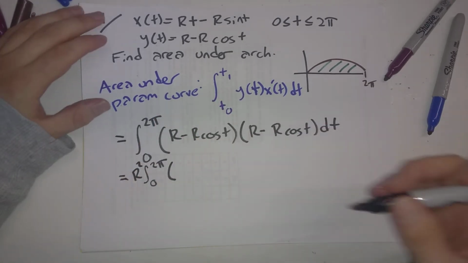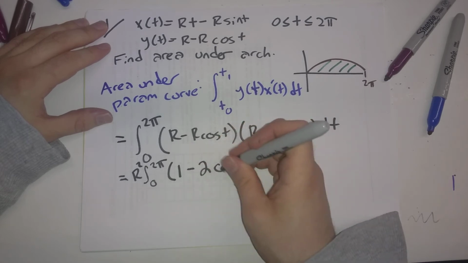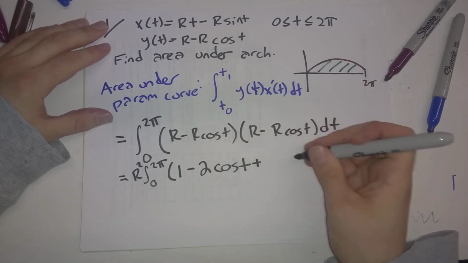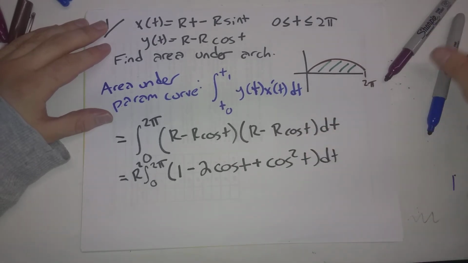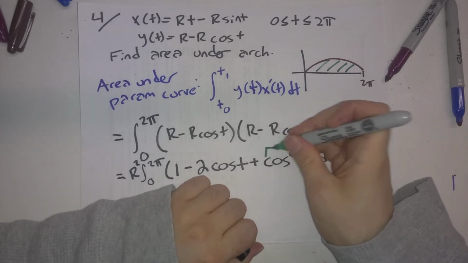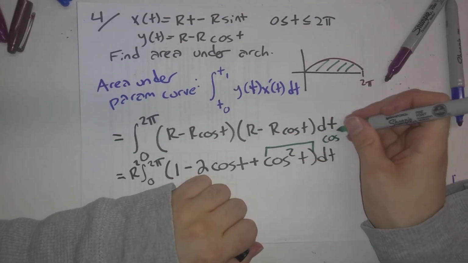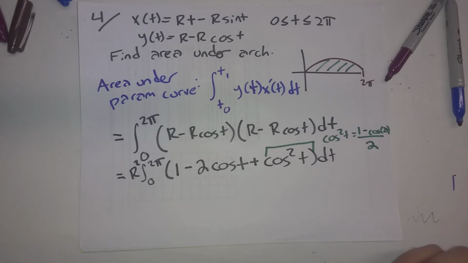And we distribute out the multiplication, we end up with 1 minus 2 cosine t plus cosine squared t, all of that dt. As usual, we are going to replace cosine squared t with 1 plus cosine of 2t divided by 2.